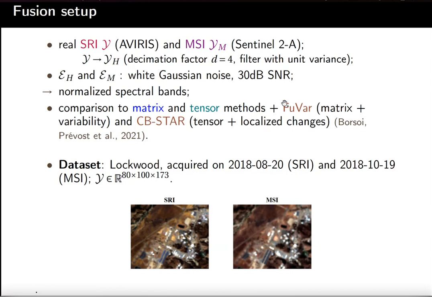The first one is FuVar. It's matrix-based and accounts for spectral variability. And CB*, which is an algorithm that is based on tensor decompositions and accounts for localized changes, so a general form of variability. And I will use a real data set, which is called Lockwood and has some small acquisition time difference between the observations.